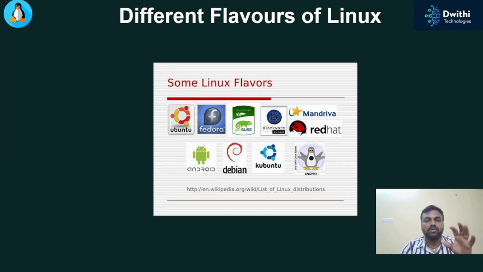Ubuntu and Fedora are also something which come on top of your Linux. Let us say that you have an ice cream, and you will have vanilla, butterscotch, strawberry and all of these things, right? Your ice cream is something like Linux, and you will have different flavors on top of your ice cream. So these are called some of the Linux flavors.